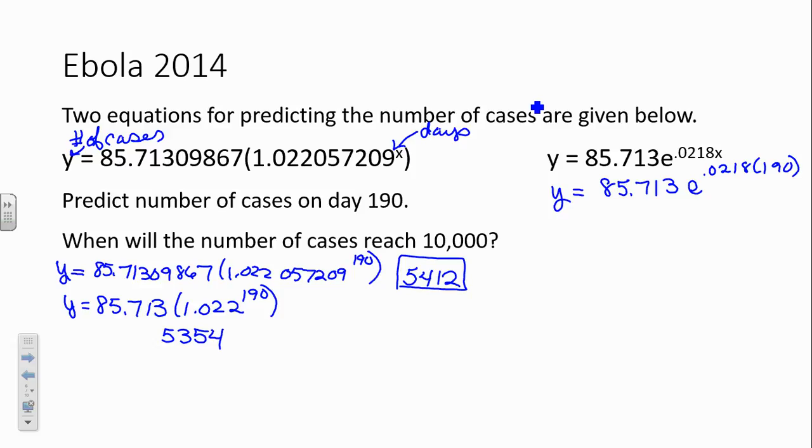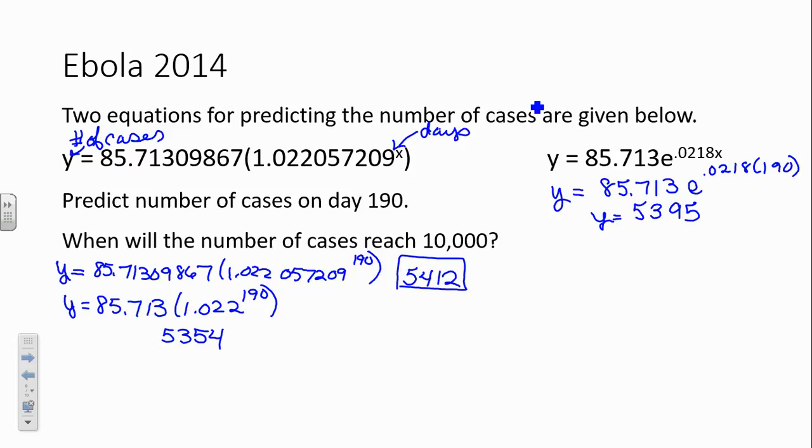This model came up with 5,395 cases. So, relatively close, right? On day 190, this one was closer with its rounding than the other.